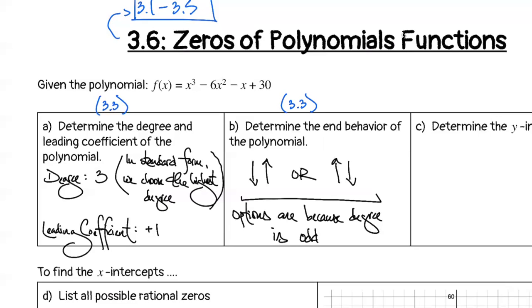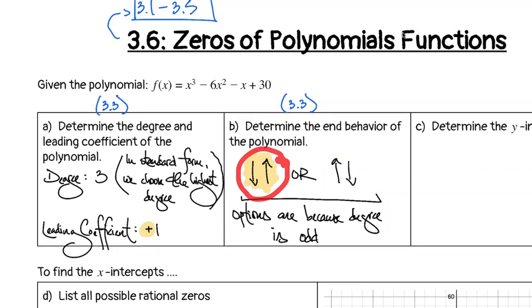Now of these two, which one is it going to be and how do we know? I agree, it's going to be down, up. And just to make that thinking clear, how do we know it's going to be down, up? The leading coefficient is positive. Sometimes we know the leading coefficient is 1, but then it's an extra step to think, is it +1 or -1? If we write that positive, it might help us make a decision later on.